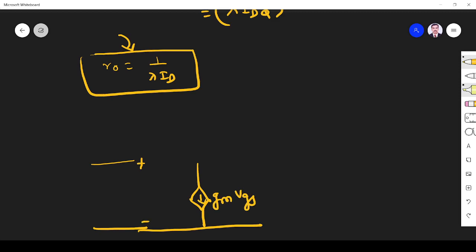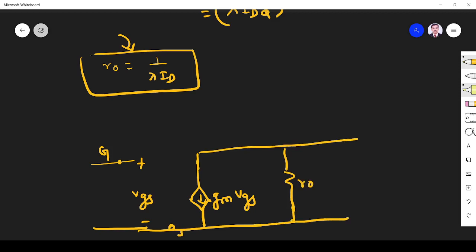This is VGS, gate, source. Now we are including R naught. This is the resistance due to channel length modulation, that is equal to 1 by lambda ID. So it is VDS. This is drain. Here we have VDS, right?